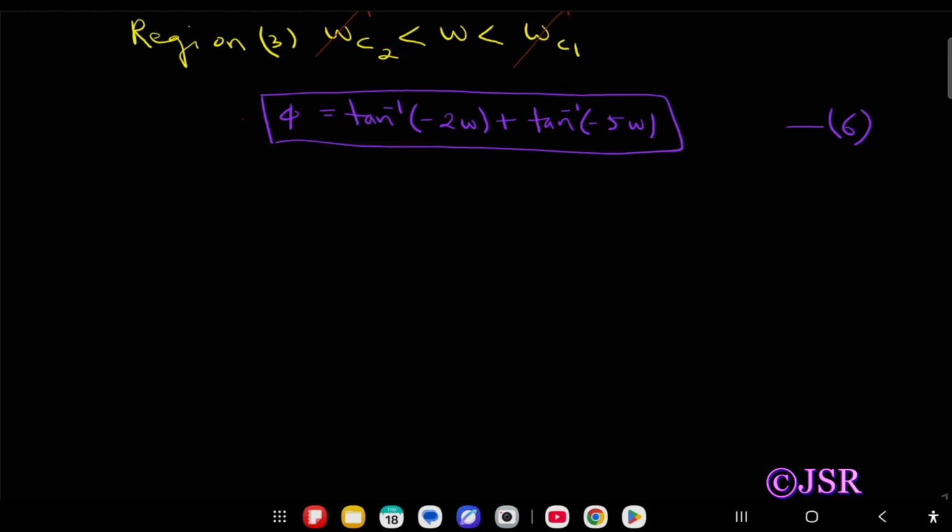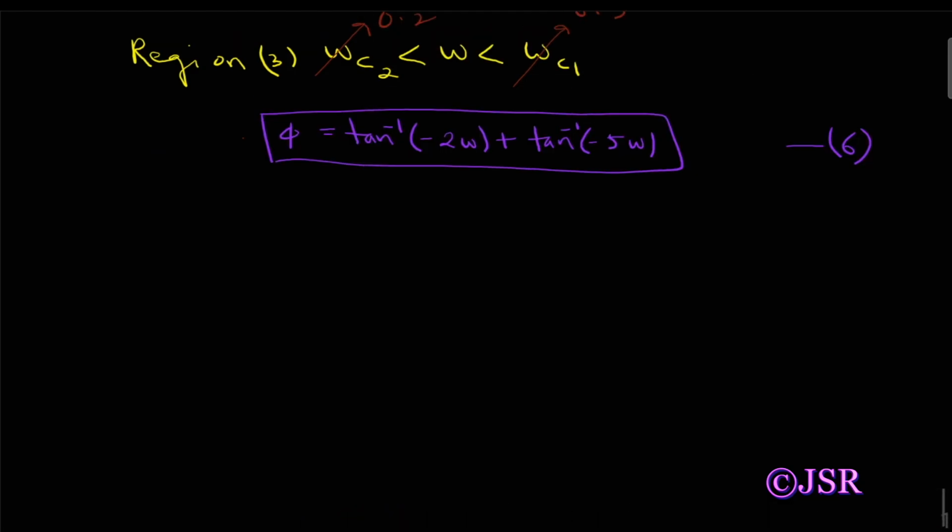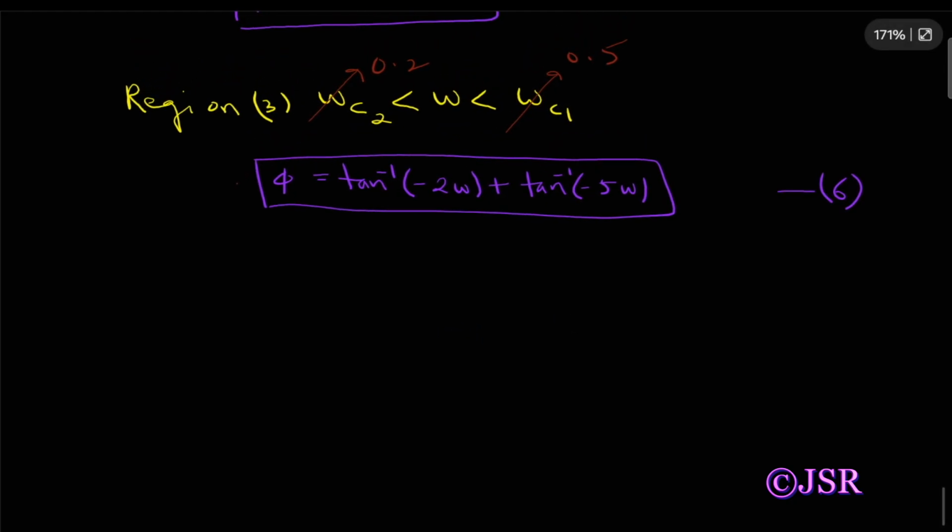copy the phase expression and we will put this omega as omega C1. So when this omega is omega C1, we will just replace this omega by omega C1.